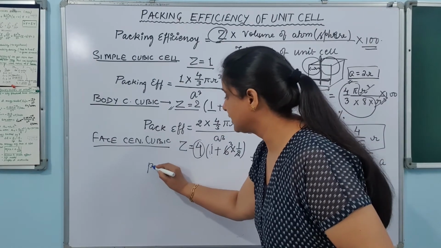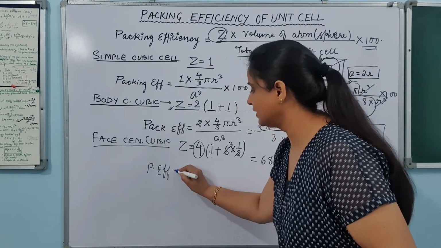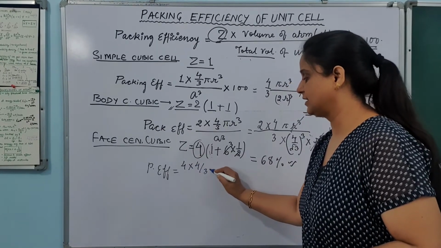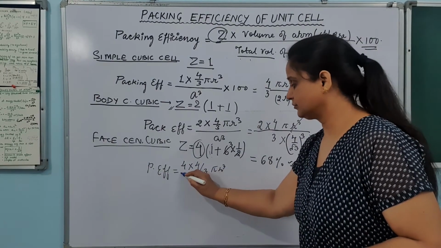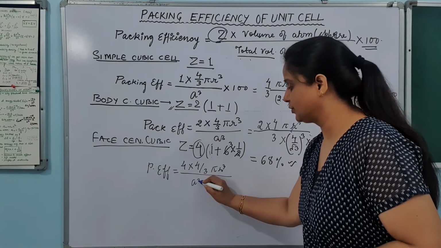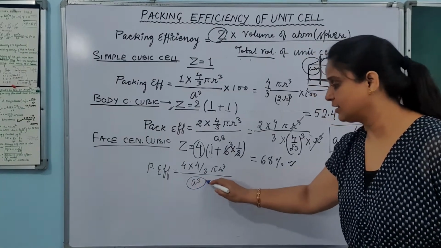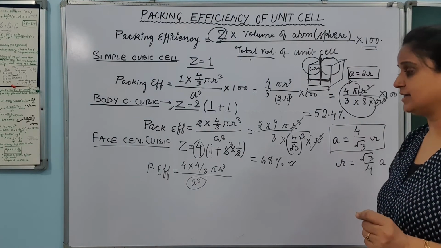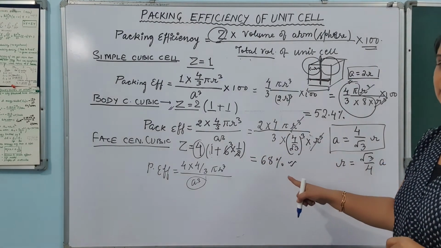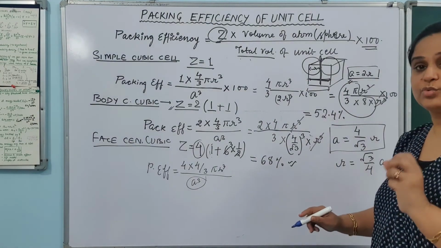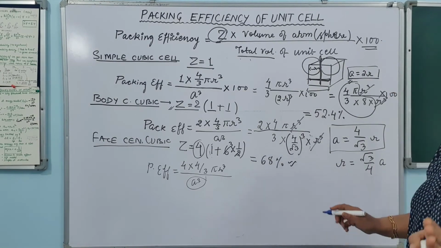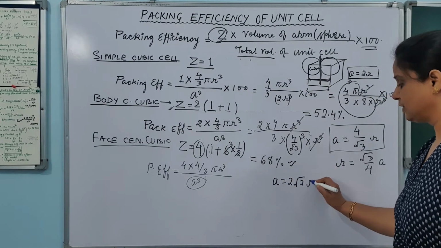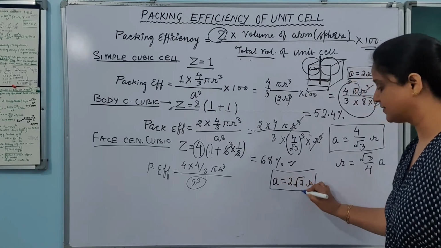The packing efficiency can be calculated as Z multiplied by 4 by 3 pi r cube divided by a cube, but here a का relationship with the r we have to utilize, and how a and r are related for the face centered cubic, that you have to remember always. Most of the students make mistakes here, so do remember that a equals 2 root 2 r for FCC.